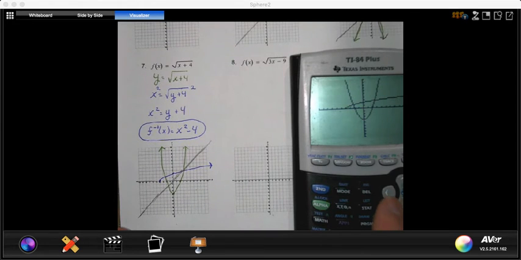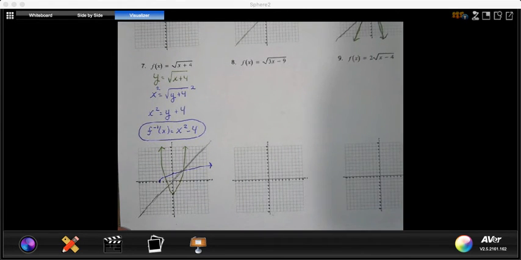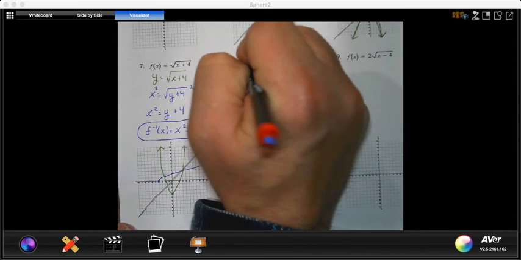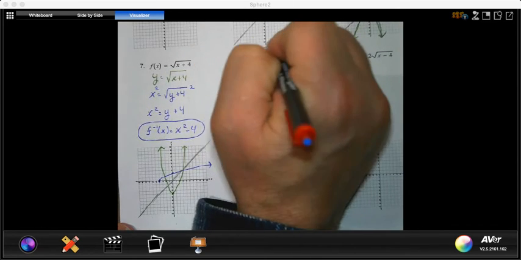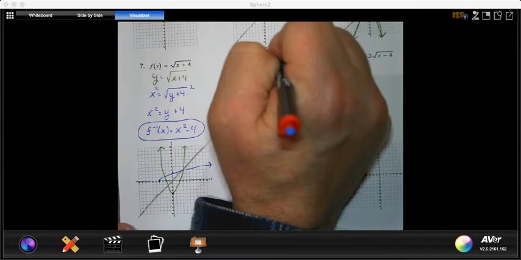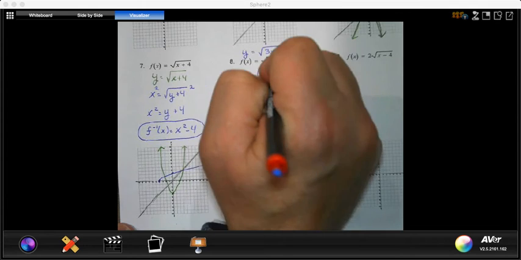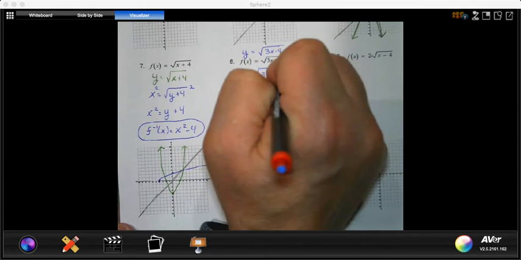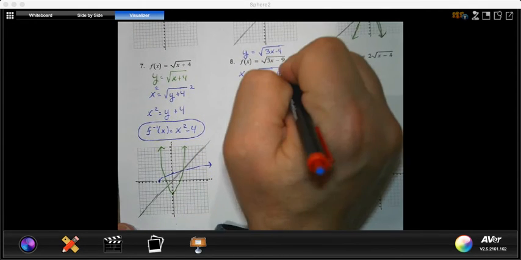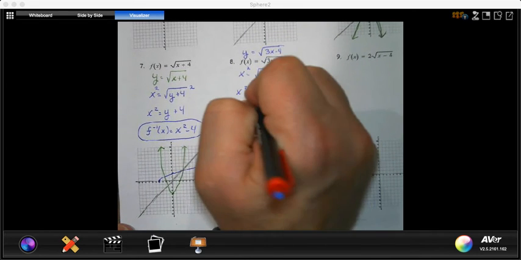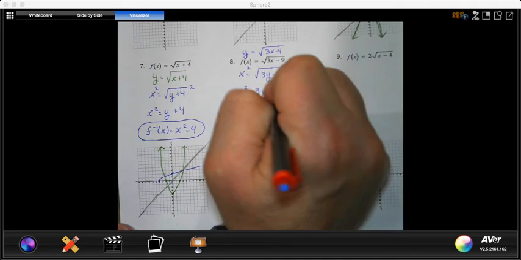2 more. Switch the x and the y, or switch the f of x out with a y. Switch the x and the y, so x equals root 3y minus 9. Square both sides, so x squared is equal to 3y minus 9.